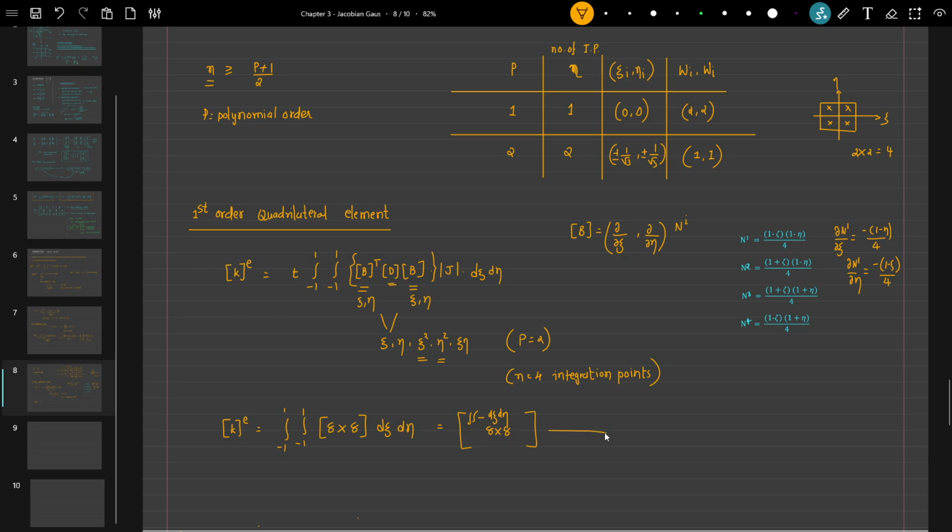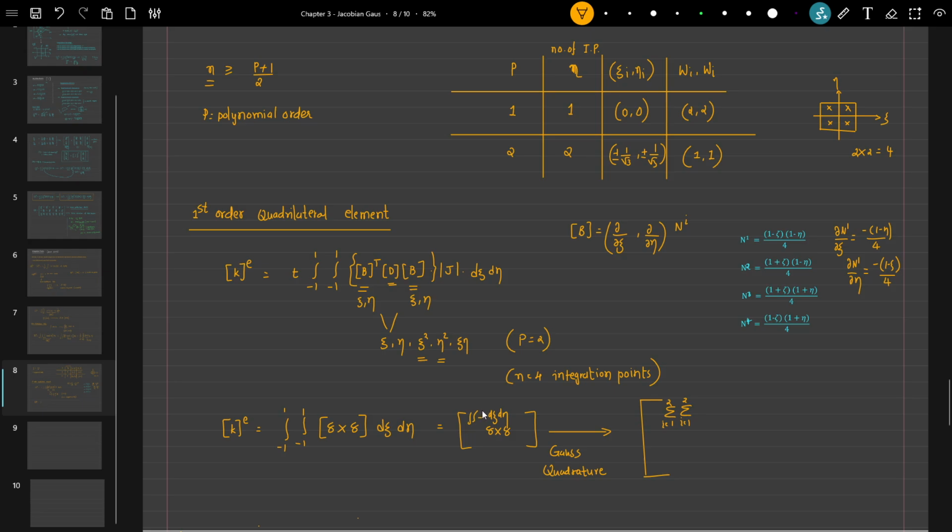So we can write this after applying Gauss quadrature. We can write the stiffness matrix as this double integration replaced by numerical integration, summation i equal to 1 to 2, because we have two integration points in one direction, zeta and eta direction each. So total 4 integration points.